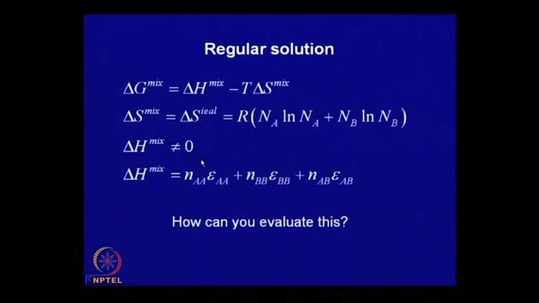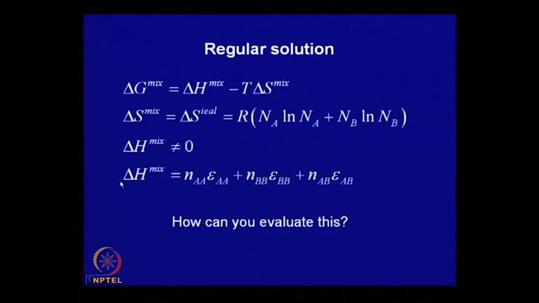And in that case, how do you calculate this enthalpy of mixing? Usually whenever there is a bond formation, energy is required to break the bond. In a solid there are bonds.